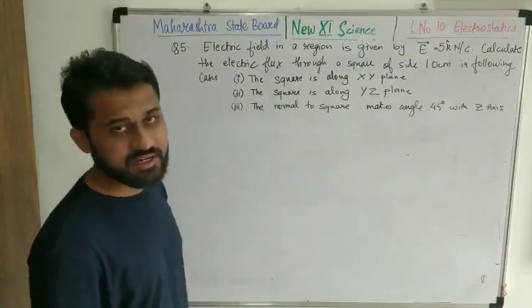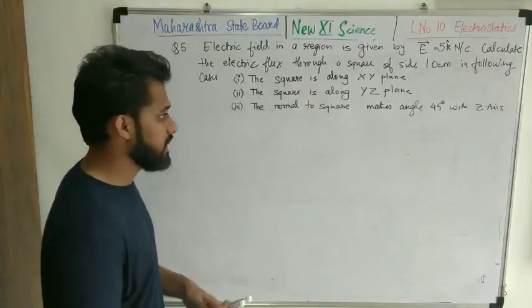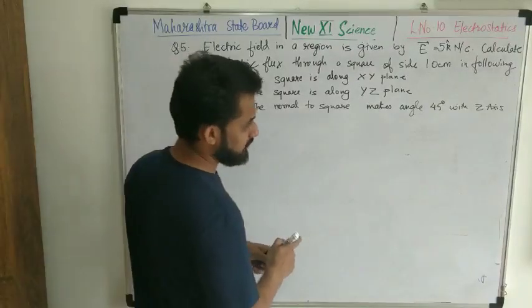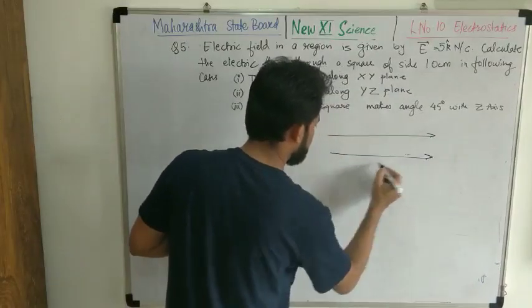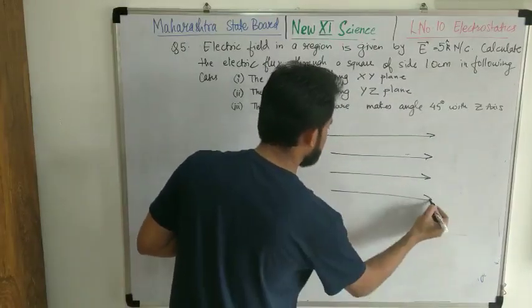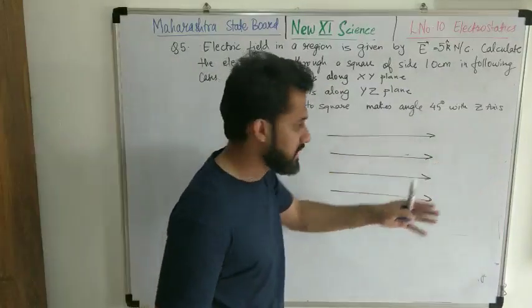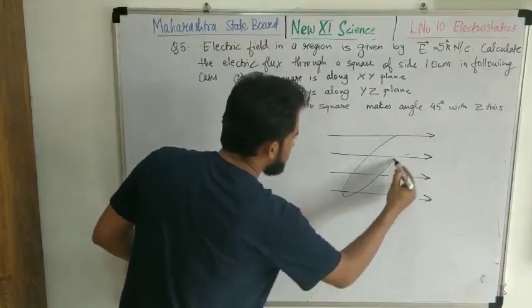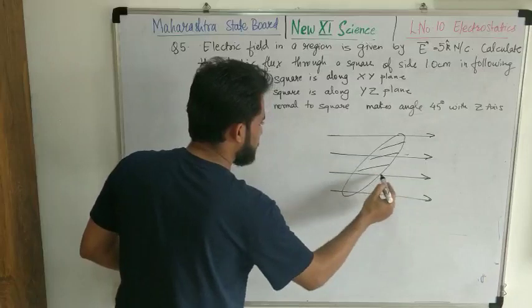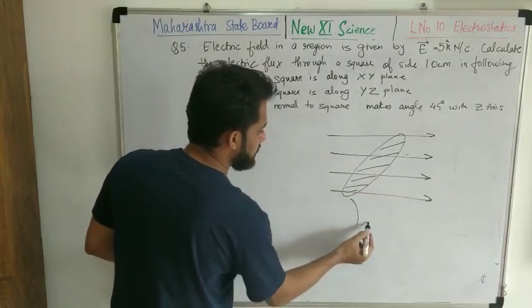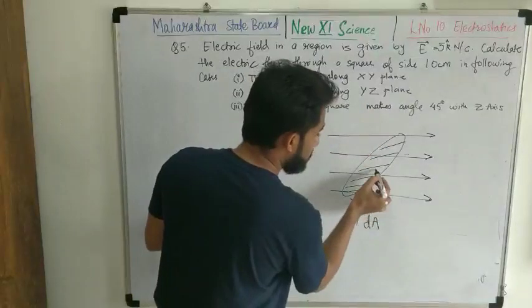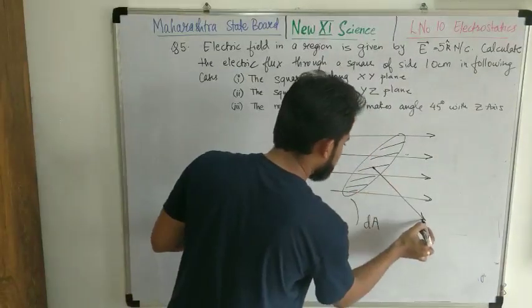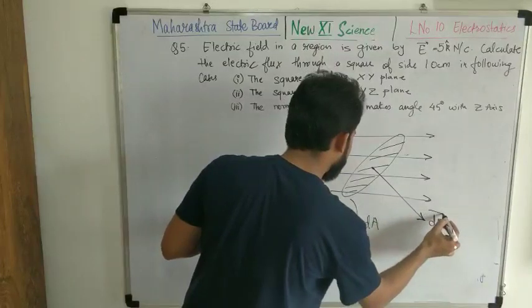So first let us understand how to calculate the flux. The formula for calculating flux is in this way. Suppose this is the electric field that is traveling in the horizontal direction. And the area that we are concerned about is area dA, whose normal, the normal to the area, is generally referred to as the area vector.